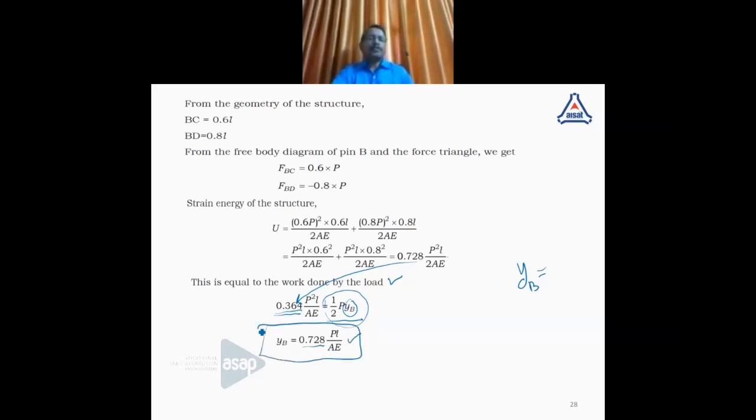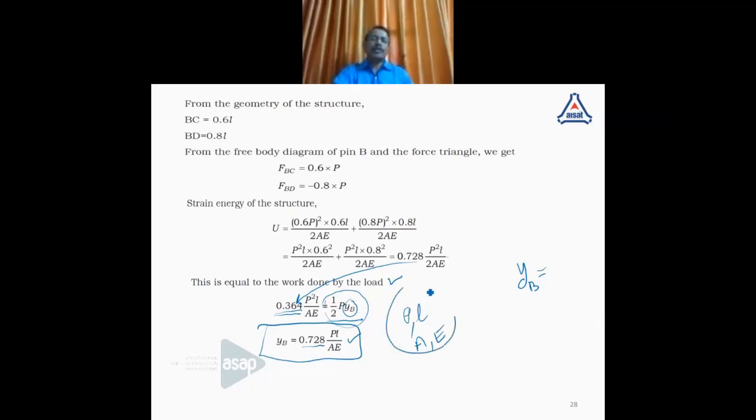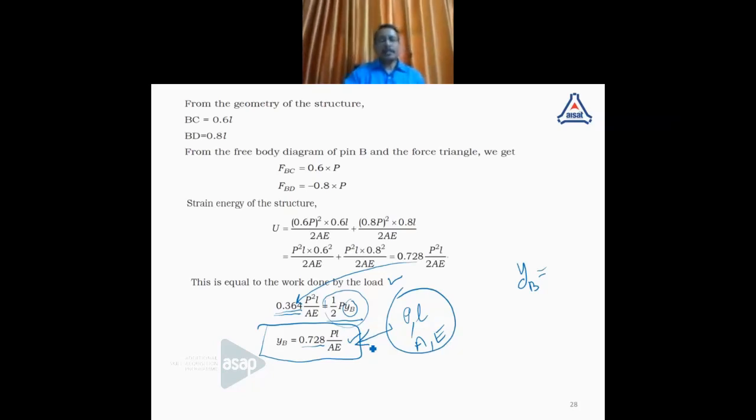Since numeric values are not given, we have to leave it like this. If numeric values are given, we can substitute P, L, A, E and get the correct value of deflection. This is how we solve problems using the strain energy method.